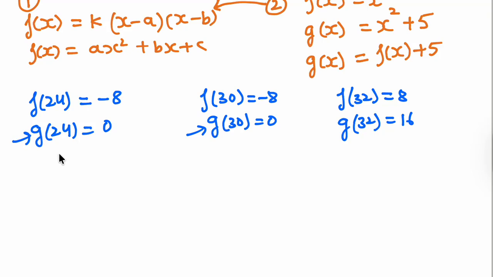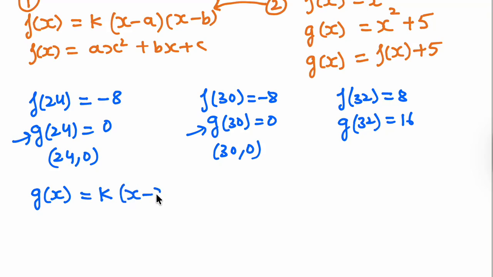So coordinates are like 24 and 0 and 30 and 0. So that means I can write g of x is equal to k times (x minus 24) times (x minus 30). Now you must be noticing why I formed a new function: to form the two factors. I'm not using the third one yet, but that's okay.